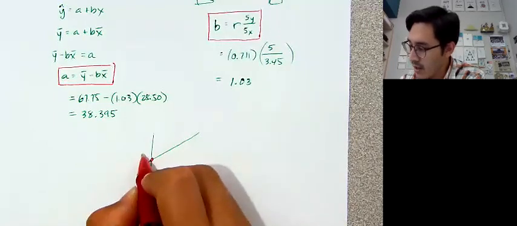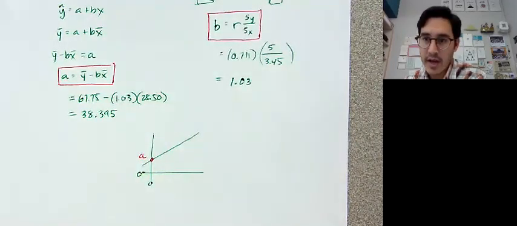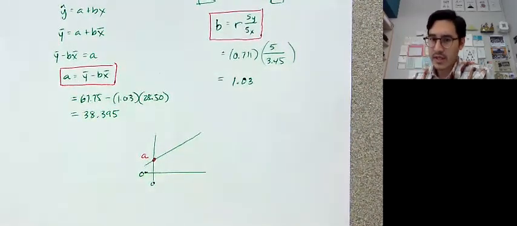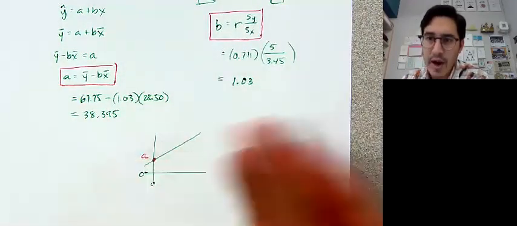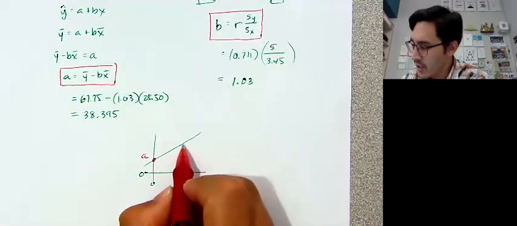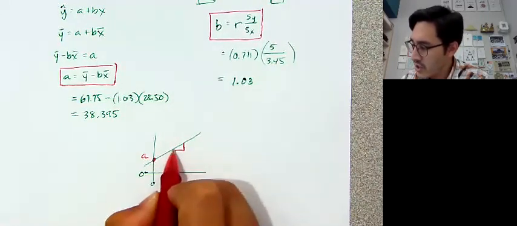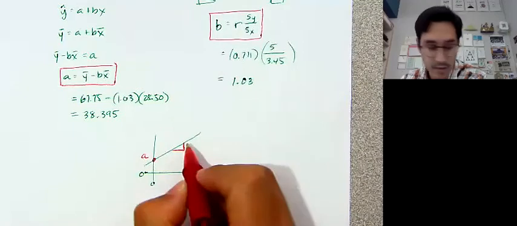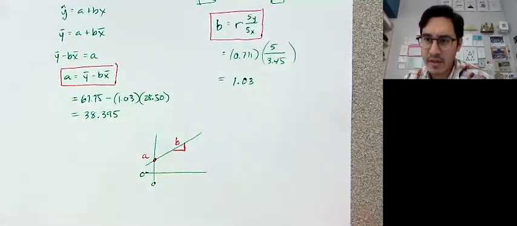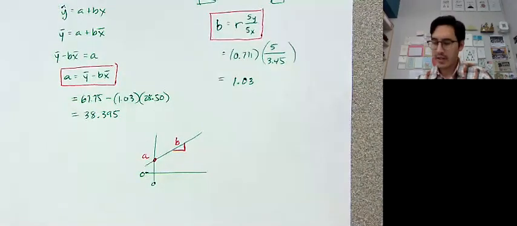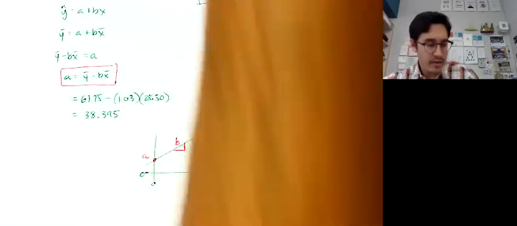Okay, so that point there has a value of a. And then the slope, we know that has to do with the rise versus the run, right? So the change in y versus the change in x, okay? So that is how we want to think of the slope. It's the steepness of the line.